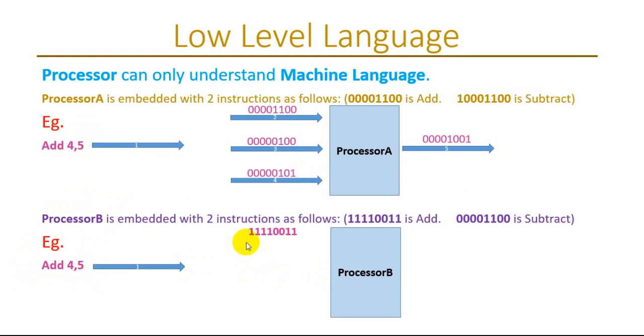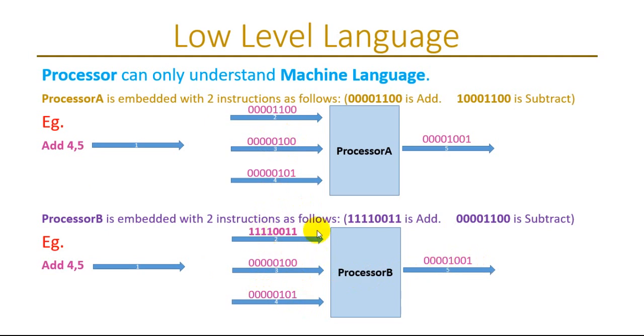Now see, this time you have to write this, not this, because it's going to processor B. And 4 is maybe the same thing, 5 the same thing, binary. So this goes in and the result is again 9.